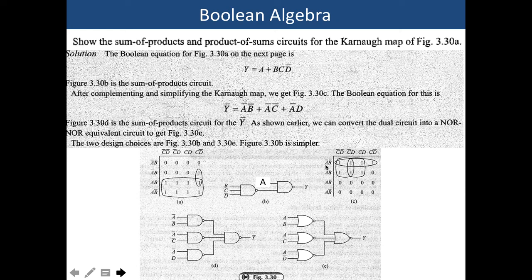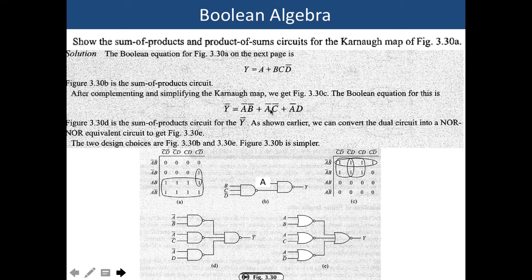So A bar B bar for this one. For this horizontal we will not take any variable from here because it's changing. So A bar B bar plus, for this quad it's A bar and C bar, plus for this quad it is again A bar and D.